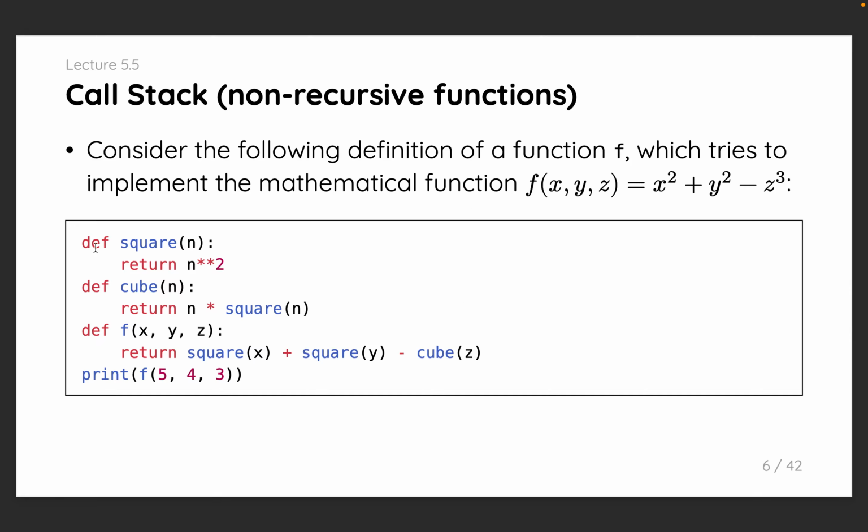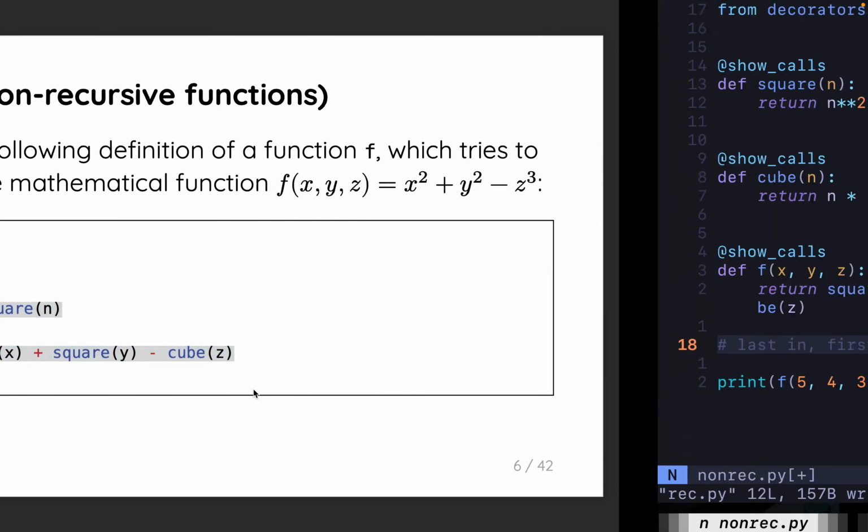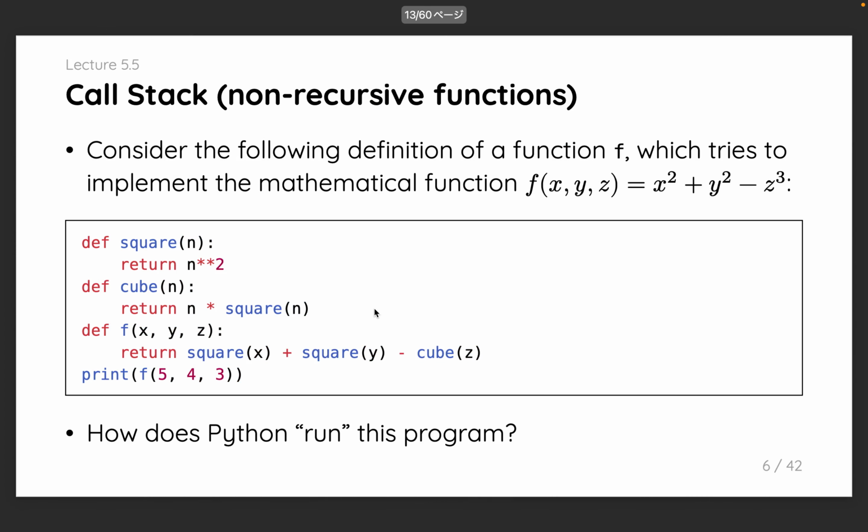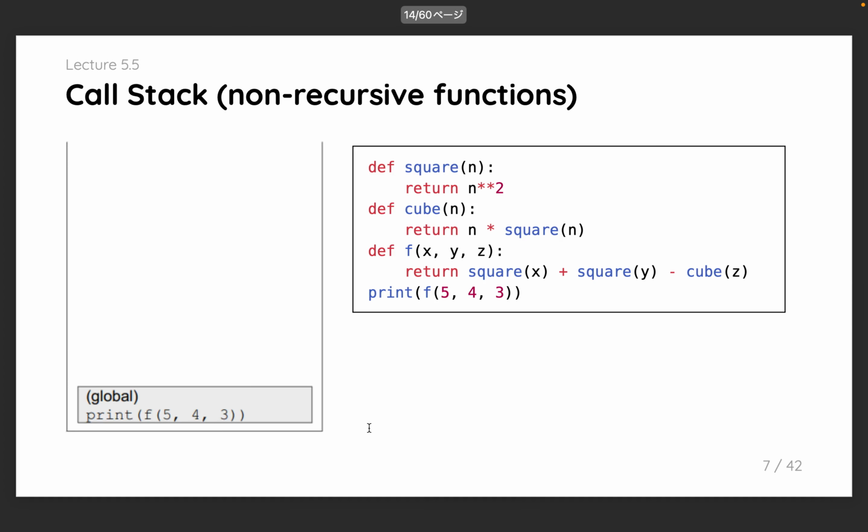Alright, so this is the program on the left we had here. Let's try to see how Python runs this program. Here we have the program as well as a stack. You can imagine each rectangle here as a plate that contains the function call.